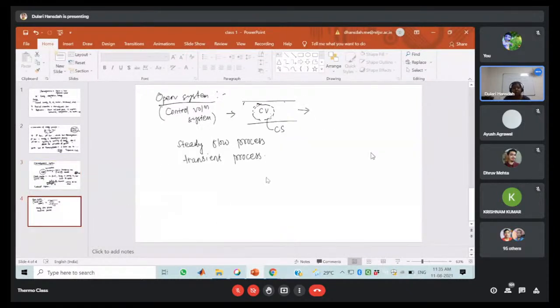Next, this one I have already discussed to you. This is a control volume and control surface, right? Then we will have the properties of the system. Properties of the system means the characteristics of the system.